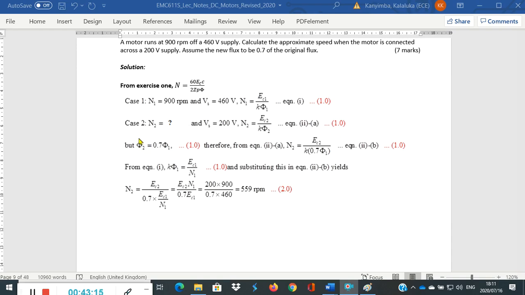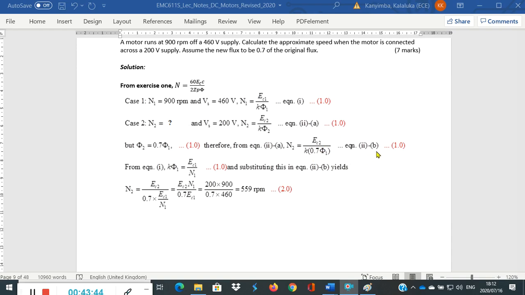Therefore, phi2 is equal to 0.7 phi1. In equation 2a, where there is phi2, we can now use 0.7 phi1. So N2 is equal to EC2 divided by K times 0.7 phi1. Let's call this equation 2b.